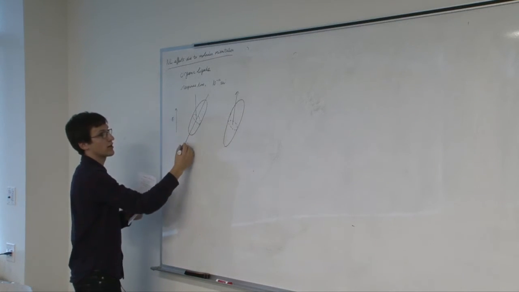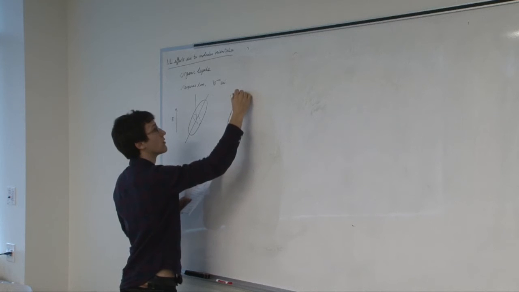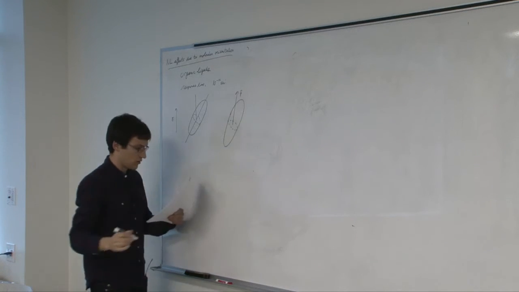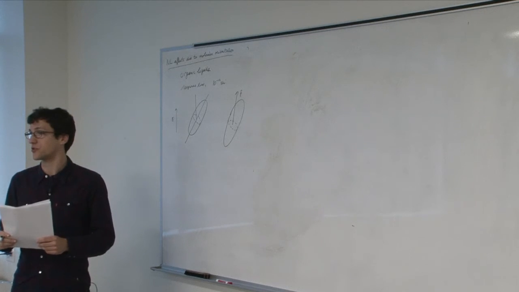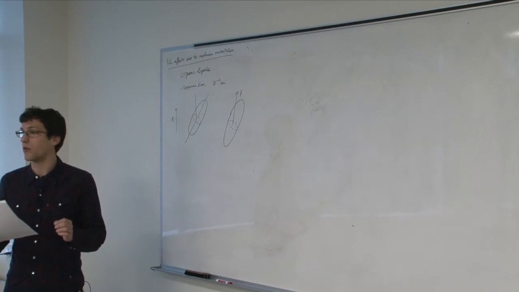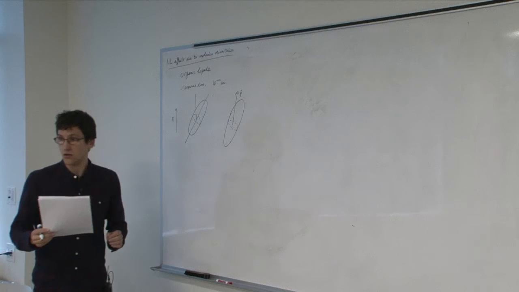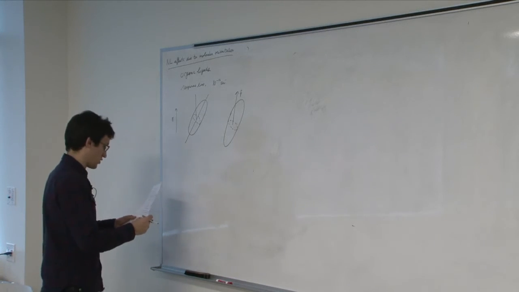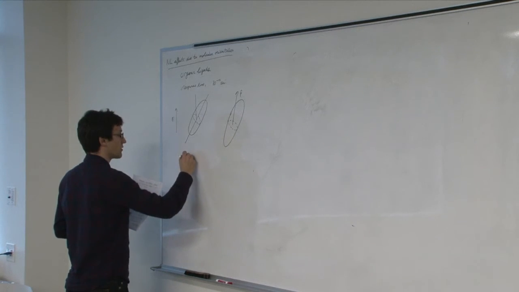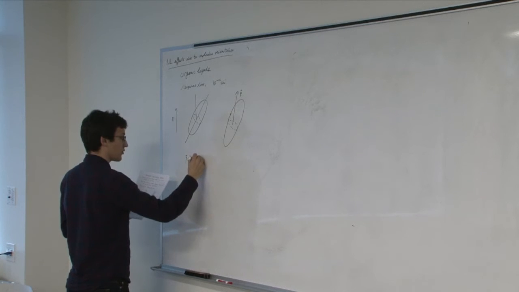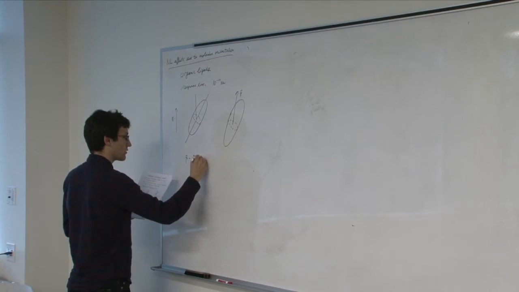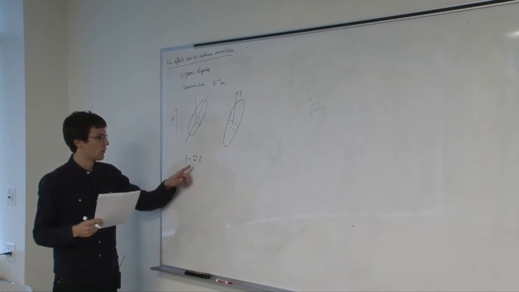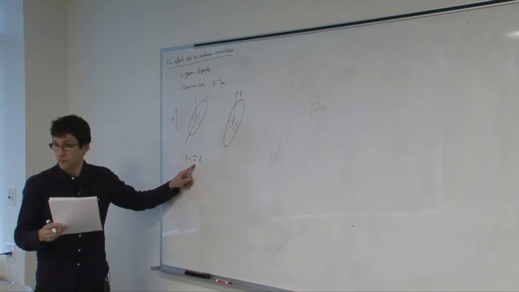So this is the symmetry axis, and this is the induced dipole moment. I said polarization, but when we deal with microscopic molecules, we call it the dipole moment. So we find that the dipole moment is given by this expression, where this is the polarizability.